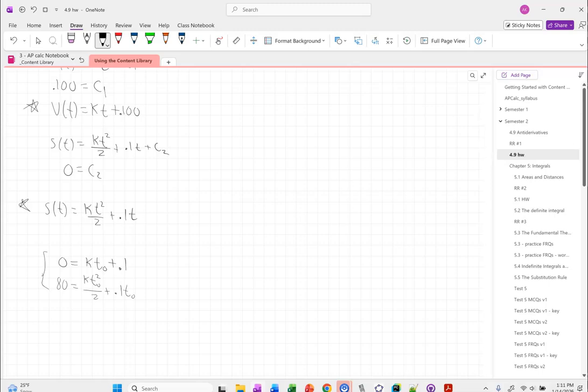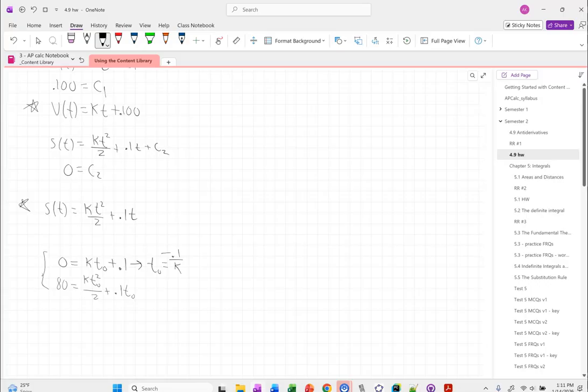That'll form a system of two equations, because I have two equations with two unknowns. I'm going to solve this one for t naught. Oops, negative.